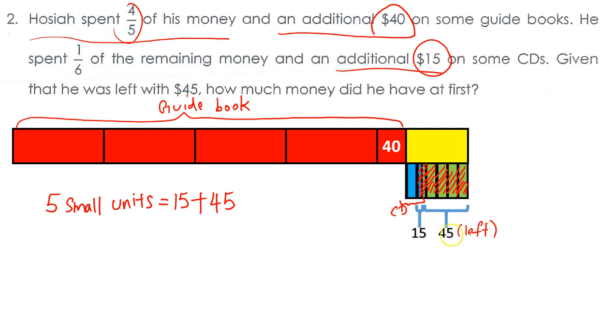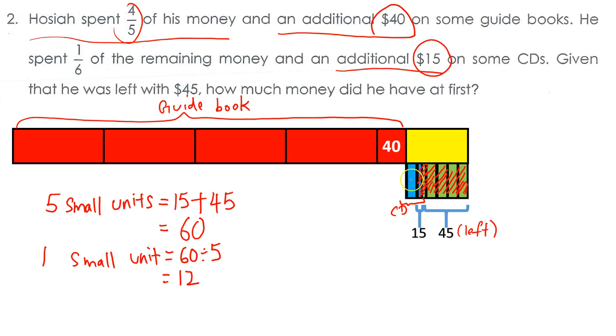So it is 15 plus 45, and this makes up the 1, 2, 3, 4, 5 small units, which gives you a total of 60. Now always we want to find one small unit, which would be 60 divided by 5, which gives us 12. Now 12 stands for one small unit.